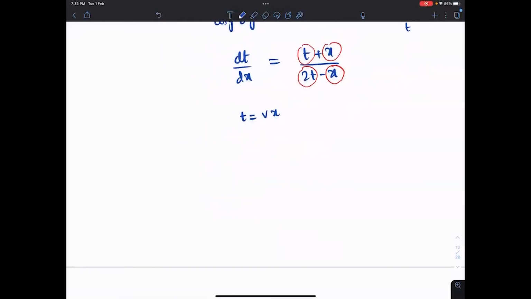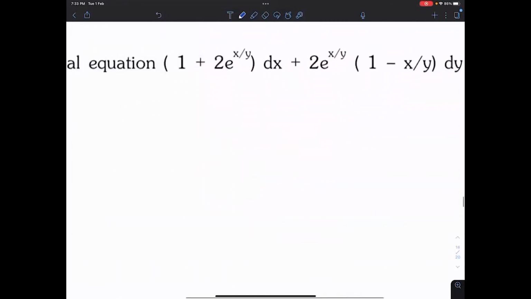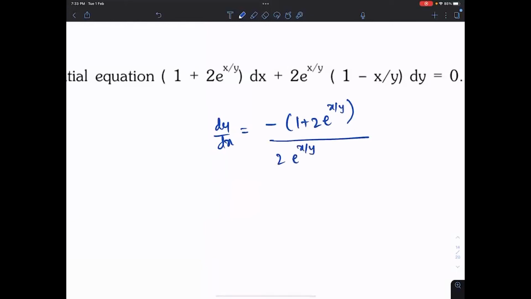Okay. Now, for example, if I take this one, your dy by dx is equal to minus of (1 plus 2 times e power x by y) by (2 times e power x by y into (1 minus x by y)). Correct?